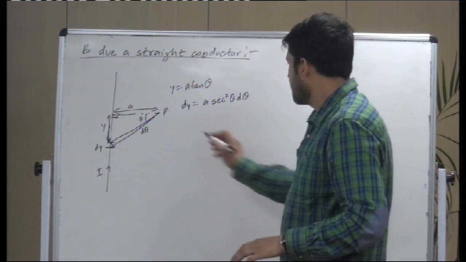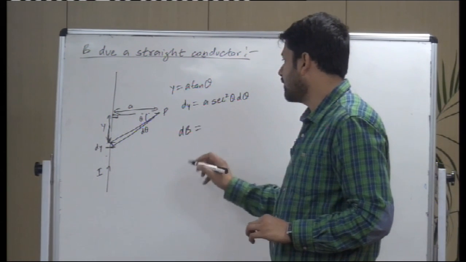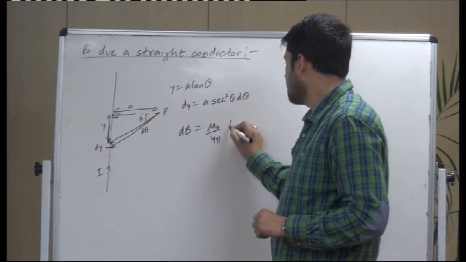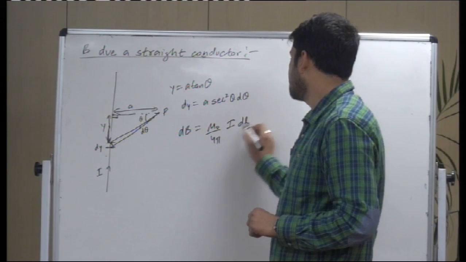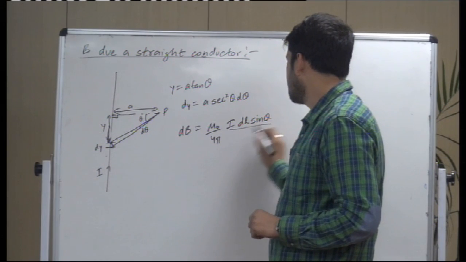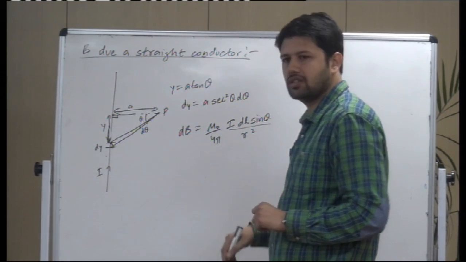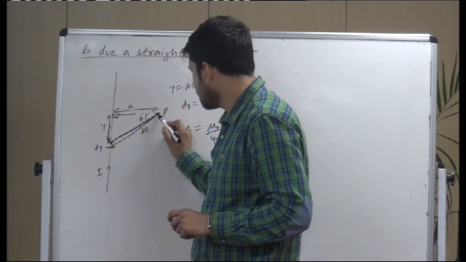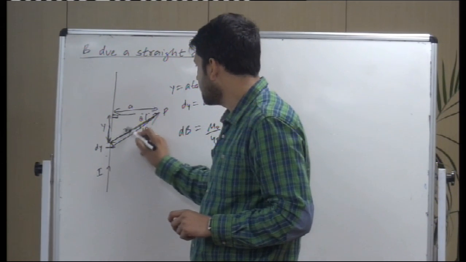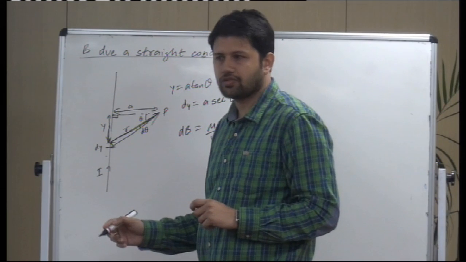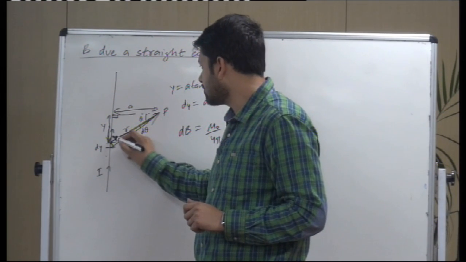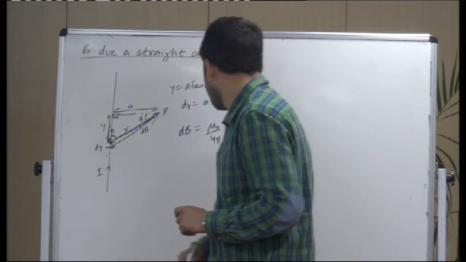So the magnetic field at this point, dB, would be mu naught by 4 pi I dl sin theta by r square, right? So what's happening now? This is the r in which we were interested, and this is the direction of current. So we should be taking this angle.